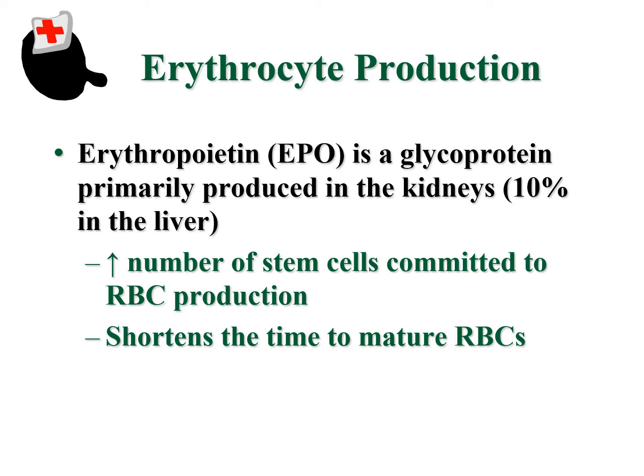Because this glycoprotein is primarily produced in the kidneys, patients that have kidney failure or chronic kidney disease and are on dialysis, their kidneys do not produce this, and so that's where a lot of the times these patients end up anemic, because the erythropoietin production is not there.